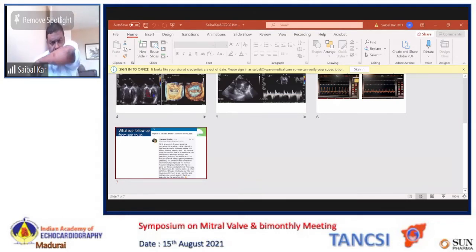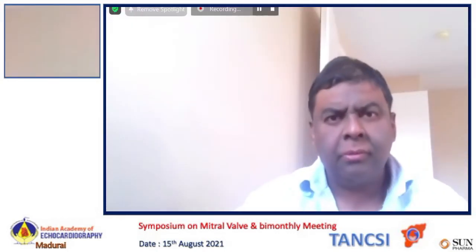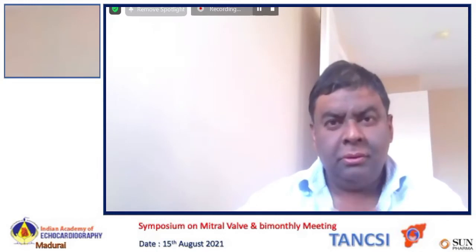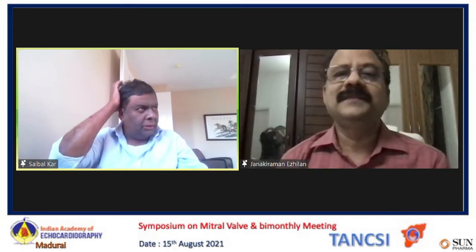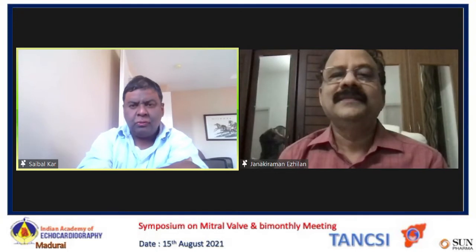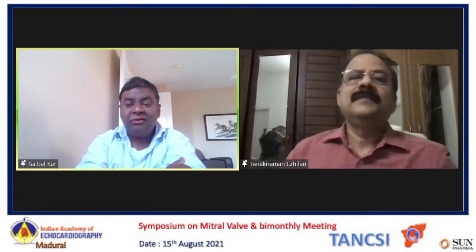Sir, why did we have conflicting results in the COAPT and MITRA-FR trials in MitraClip for secondary MR? This is such a good question. I would have liked to show you the slides, but the biggest issue in the French study is that they took less severe degrees of MR as severe.